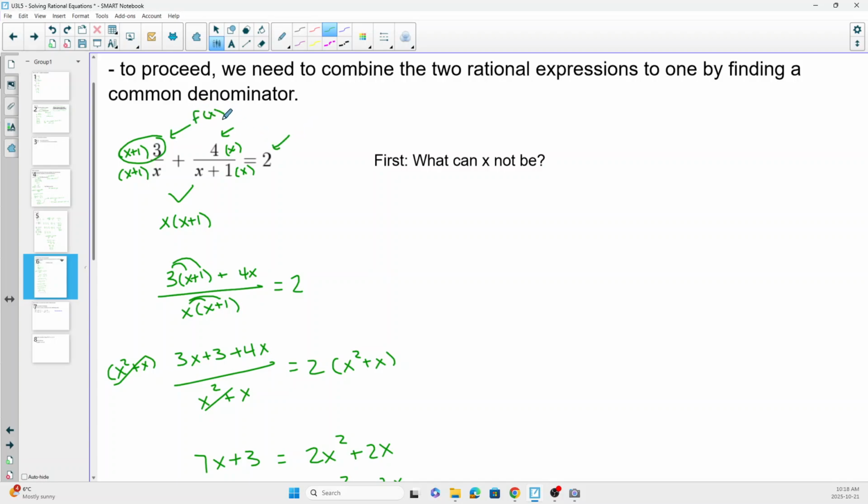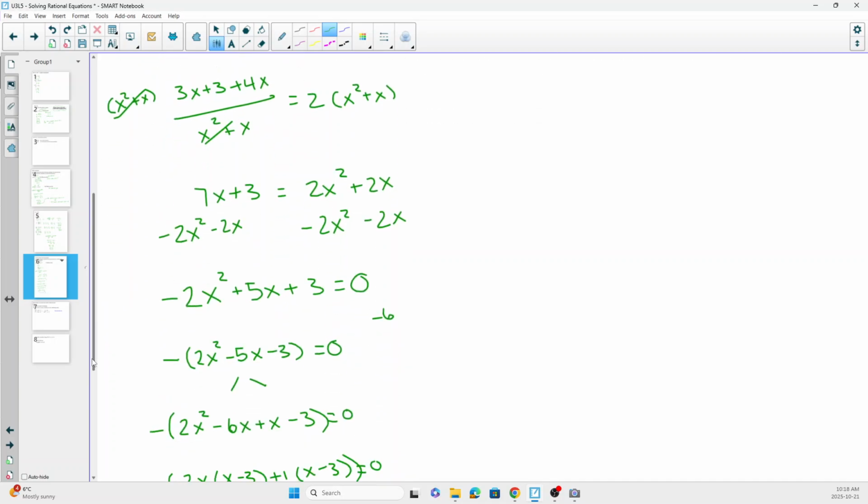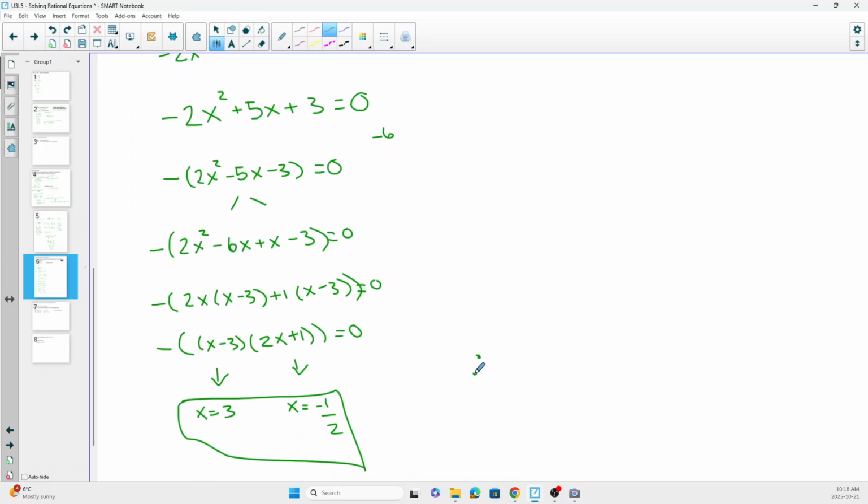So we could say f at x and g at x and then the function value. So therefore, f at x plus g at x will equal 2 when x is equal to negative 1/2 and 3.